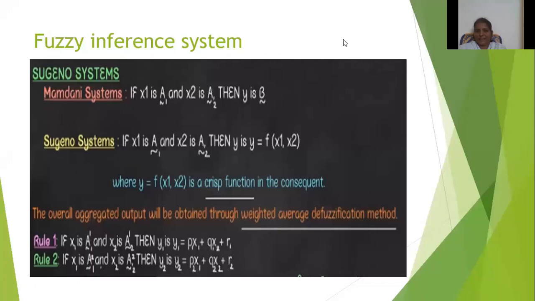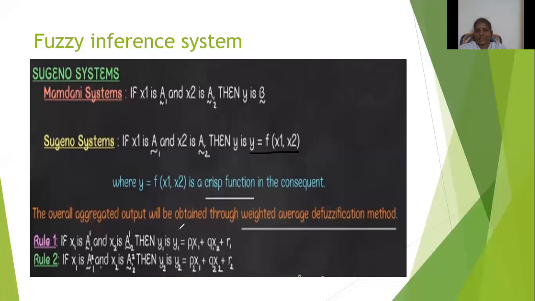Here, the only variation in Sugino system is writing your consequent as a function of both the inputs. Okay, that is only the variation between Mamdani system and Sugino system.